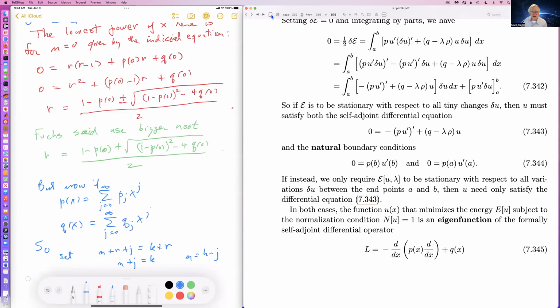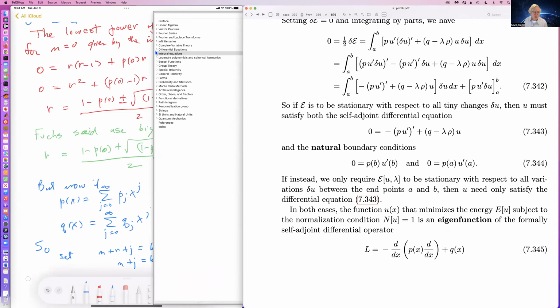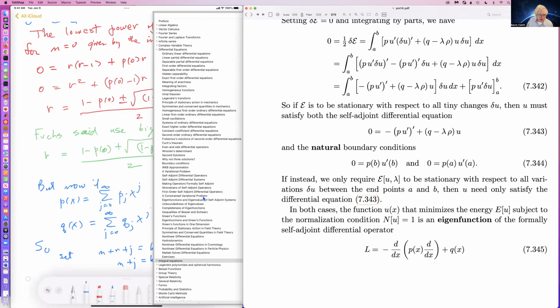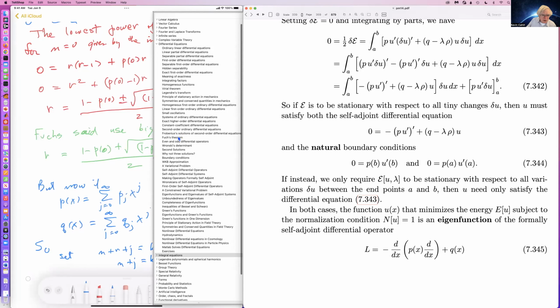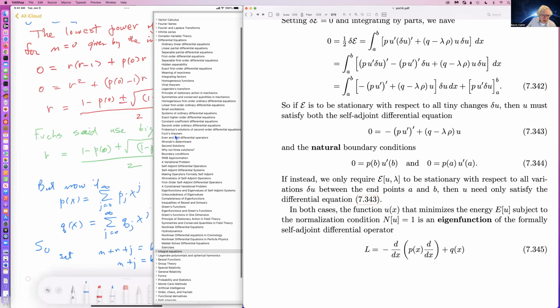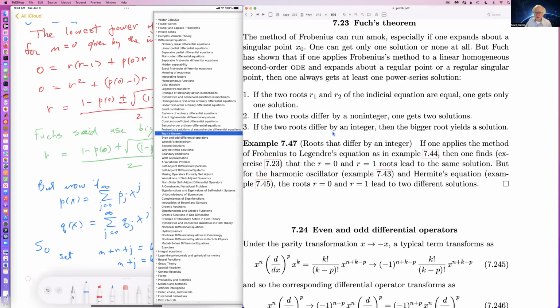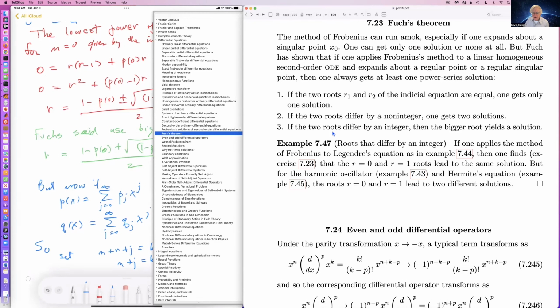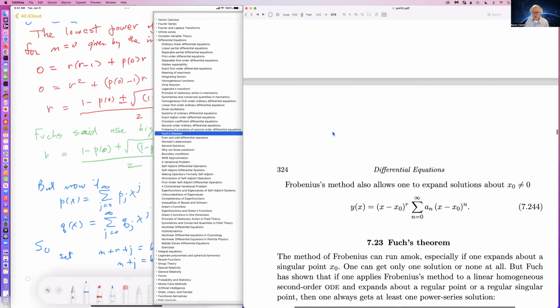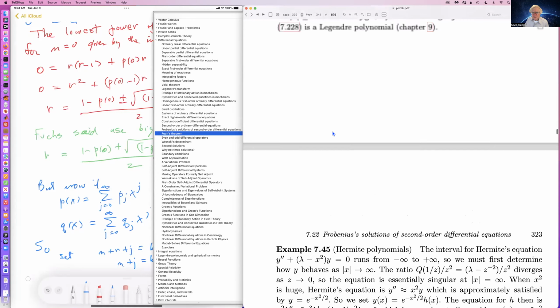So maybe I should try to get us to what the definition was. Let me go back to, I guess it's Fuchs's theorem. Or was it before that?